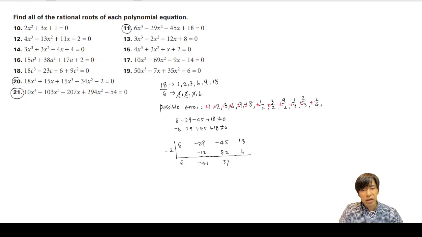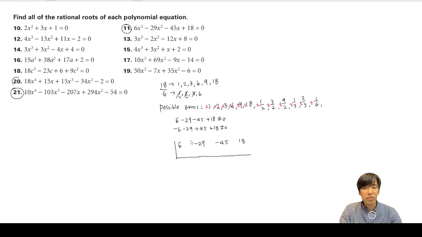Multiply, that's -54. So you're not going to get 0. So it seems like as the number gets greater, you're not getting 0. So I don't see a possibility of getting 0 with using these numbers. But you know, nothing's sure, so you can keep plugging in these numbers.